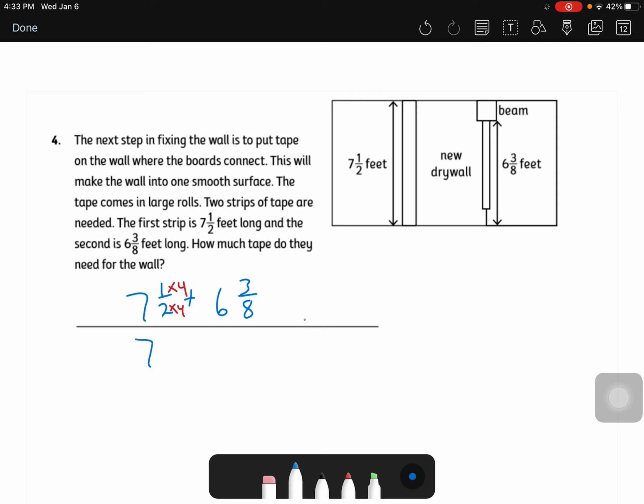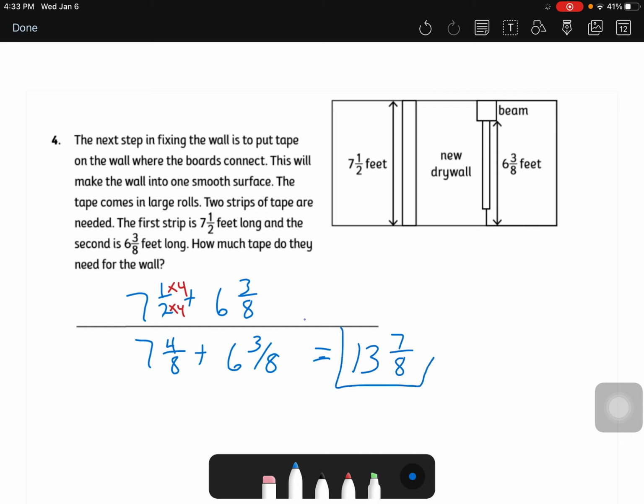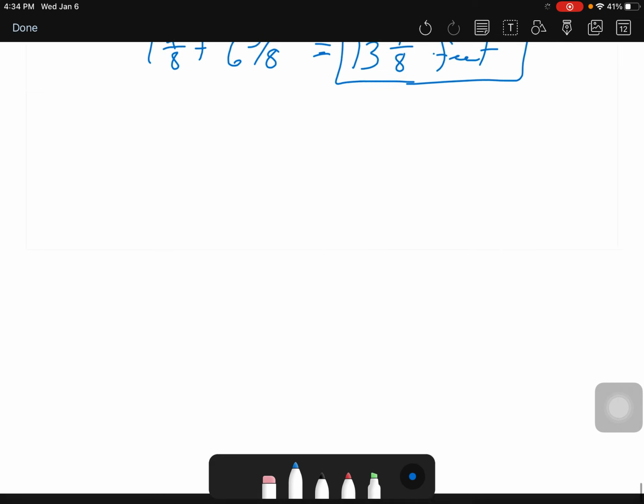So we're going to have 7 4/8 plus 6 3/8. And so when I add those together, 7 plus 6 is 13. So I'll have 13 7/8. And that is feet. Okay, so that was adding since we're putting those two together.